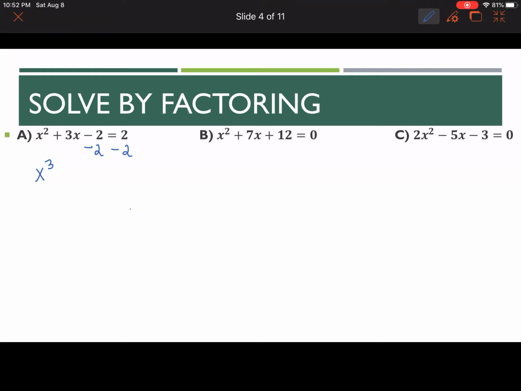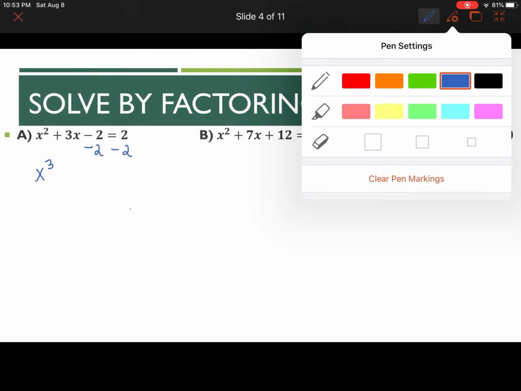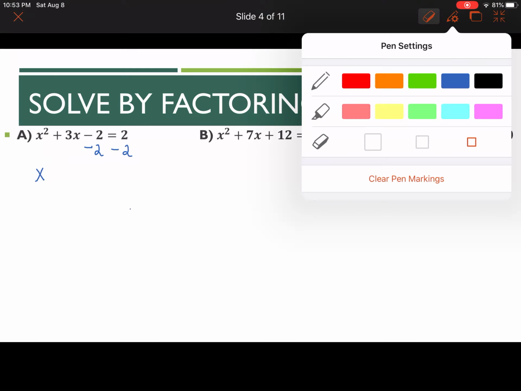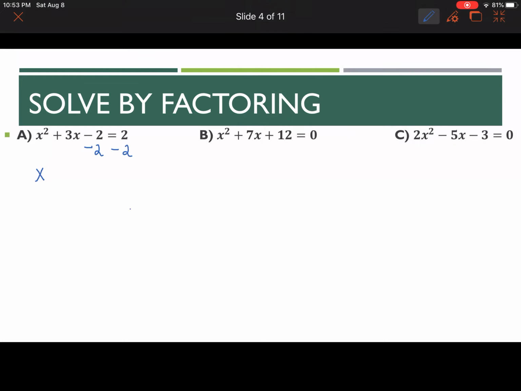Okay, so when we do that, we have x squared plus 3x minus 4 equals 0.